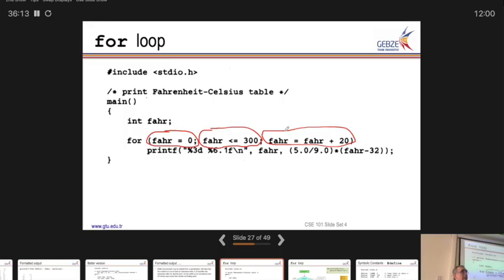If we declare Fahrenheit as an integer in the same statement that we set it to 0 in the for loop, would that have a difference? So you mean we say int here? Yes. You can do it, but it's not a good practice.